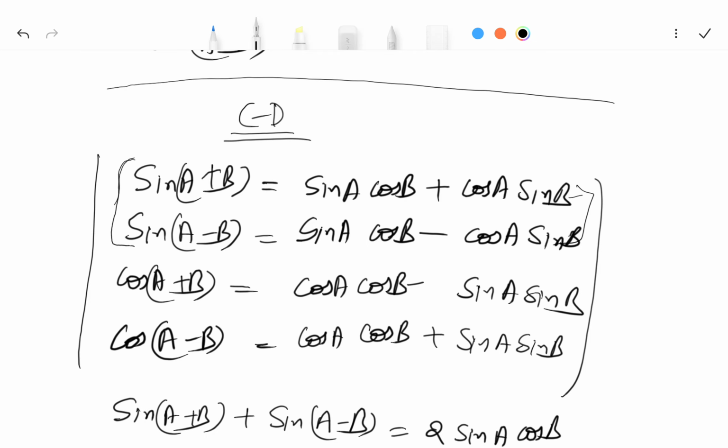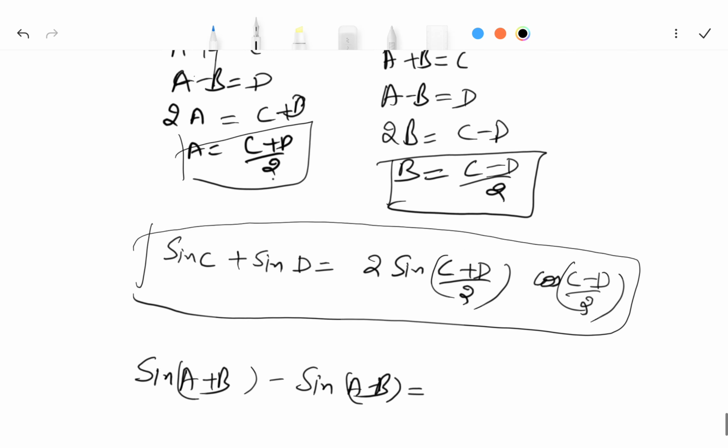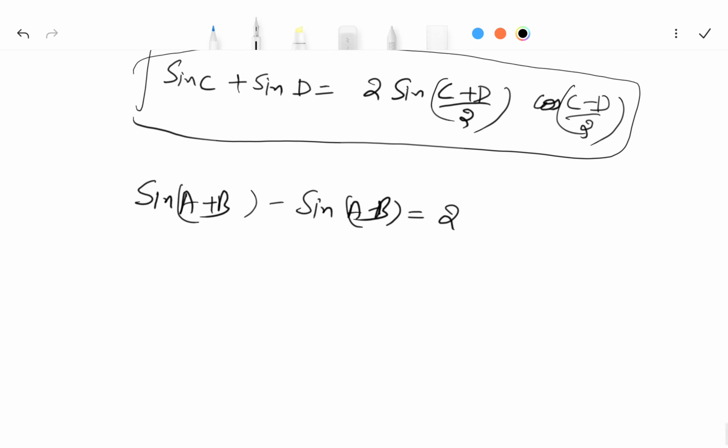Then these things will be cancelled out, and I will get 2 cos A sine B. Again I will substitute A plus B equal to C. Sine C minus sine D is equal to 2.